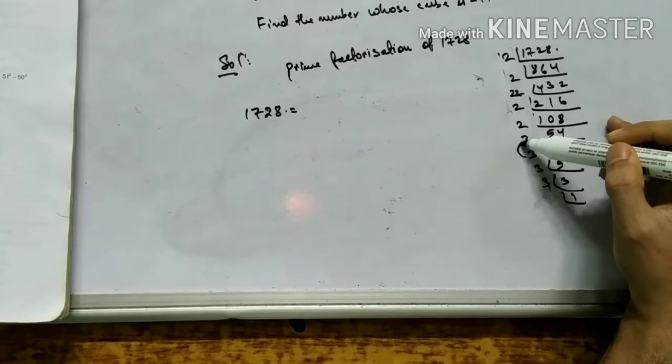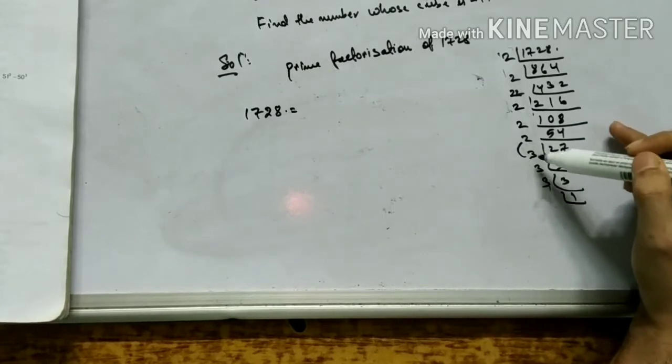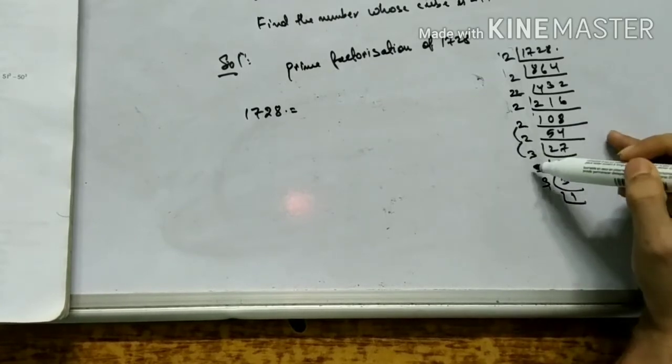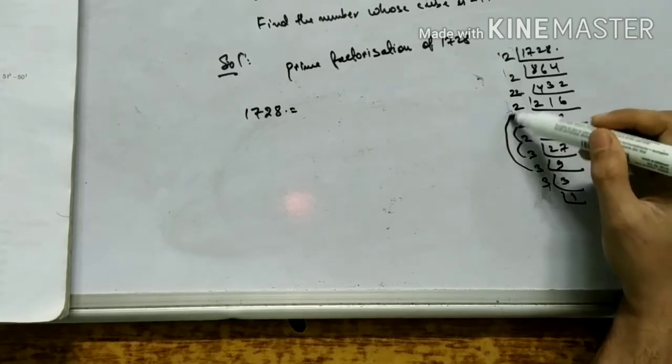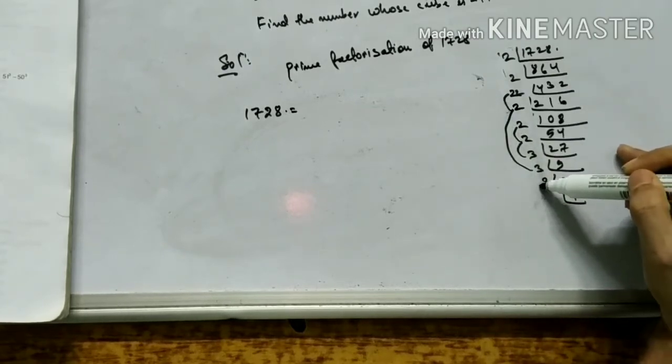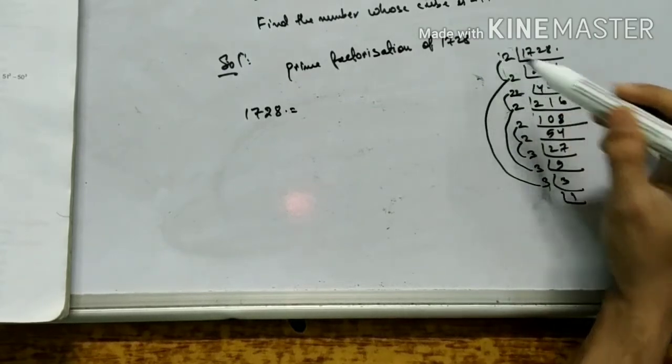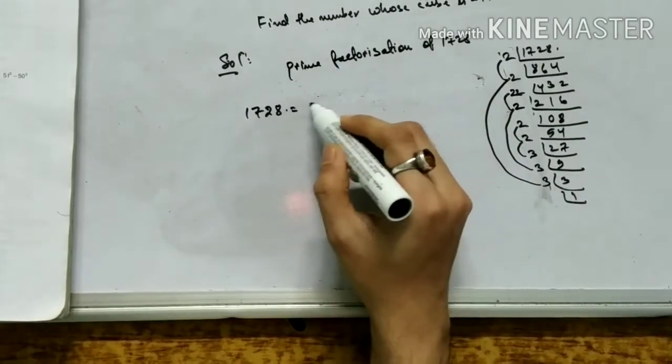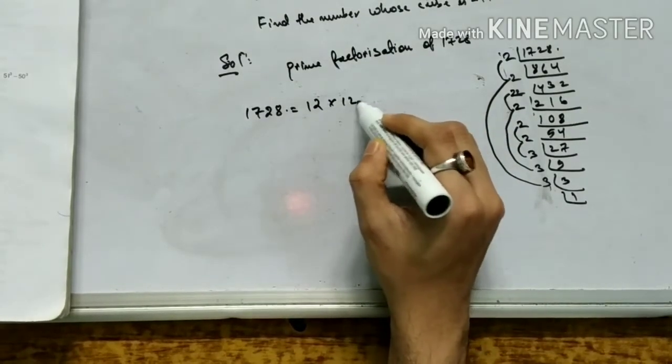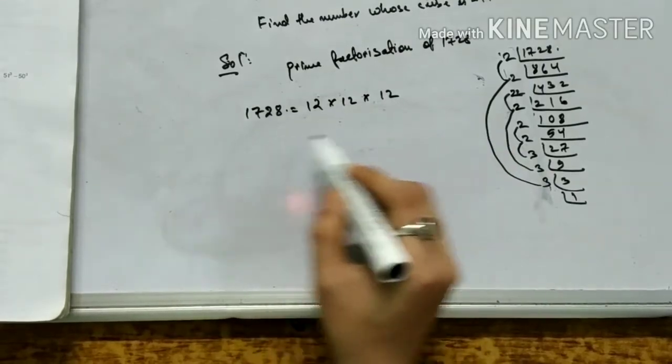This is 3 2 is 6, and then 6 2 is 12, and then again 3 2 is 6, 6 2 is 12, and then 3 2 is 6, 6 2 is 12. So this one I can write as 12 into 12 into 12.